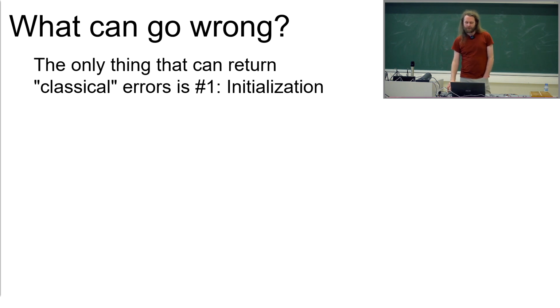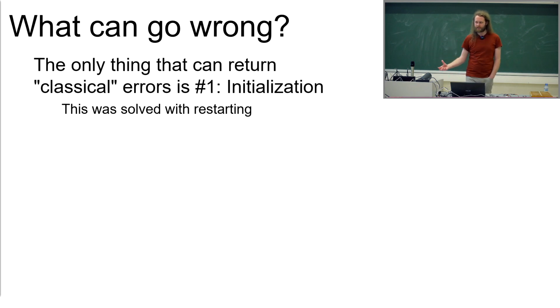But yeah, interactions with the outside world, I should probably be more precise there, are the things that can return classical errors. And the only way to deal with being unable to interact with the outside world is restarting at some level. Is it a full-on restart, like tear everything down and restart everything, or is it just trying that particular interaction again? It could be either one.